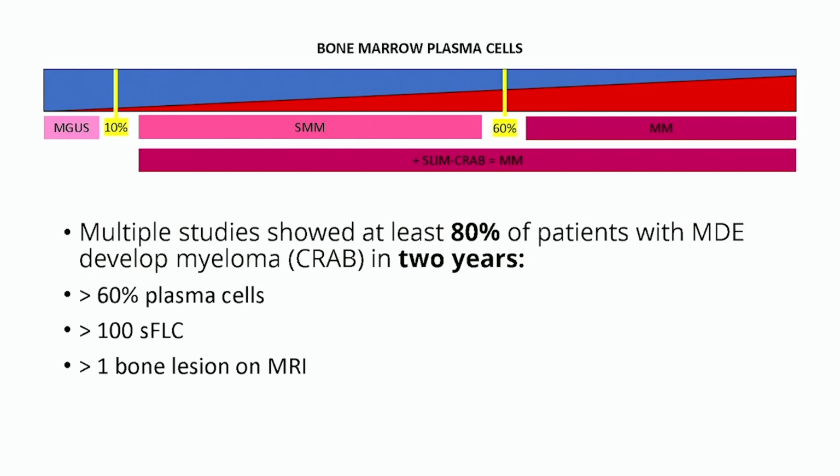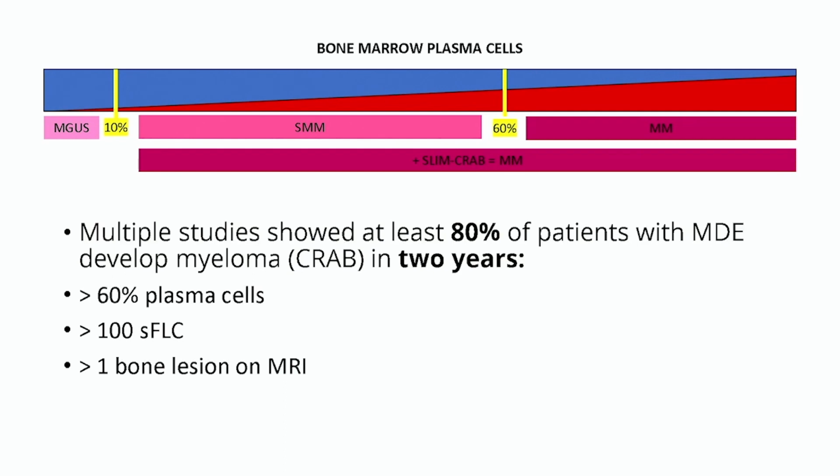What they found is basically that individuals with any of these features have a greater risk of going into multiple myeloma within the next 2 years. The risk is estimated at about 80%, and this is coming from multiple studies that are actually independent.